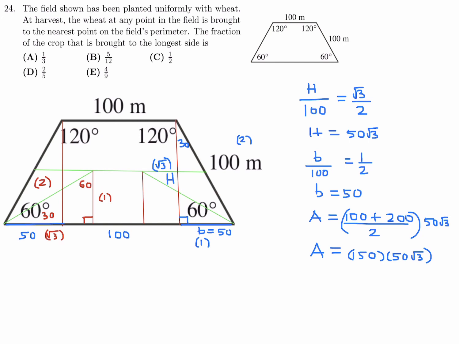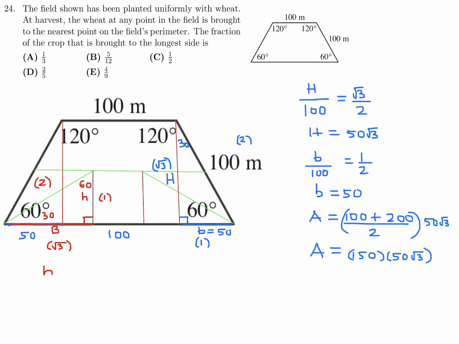Okay, so we can now use these ratios to figure out the side lengths. First thing I guess I'll do is just calculate the top to bottom h, and then I'll calculate this base right there. We'll call that b.